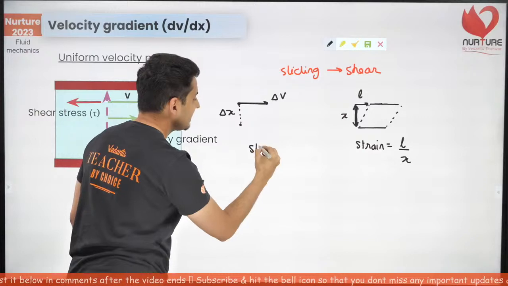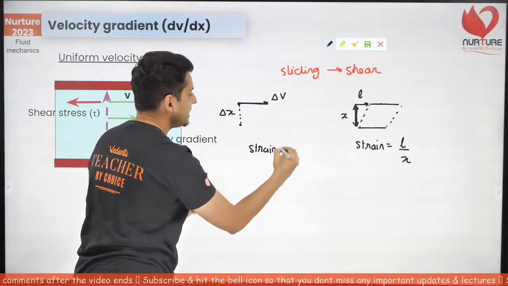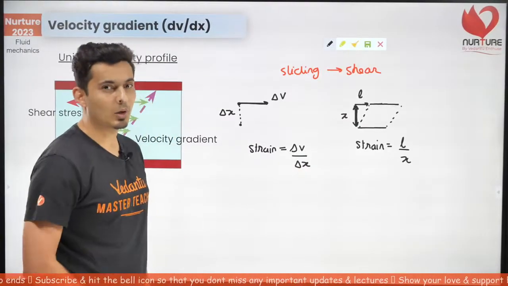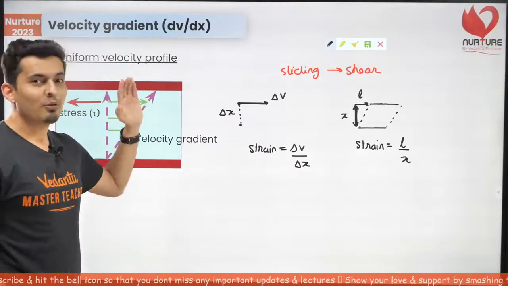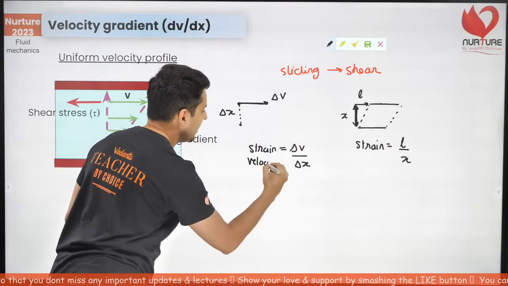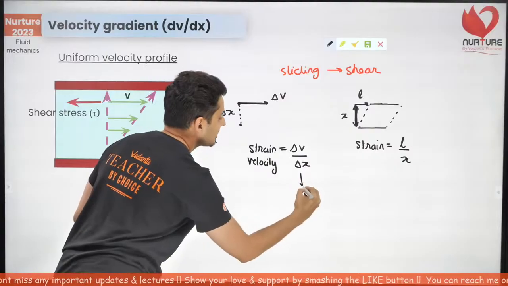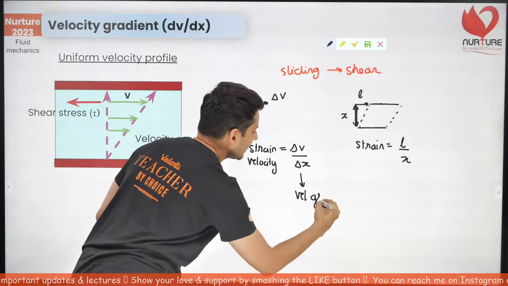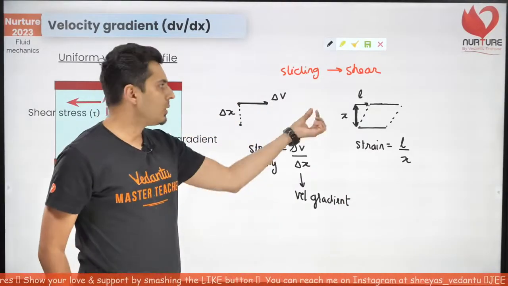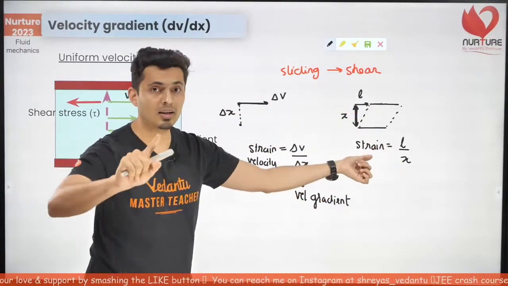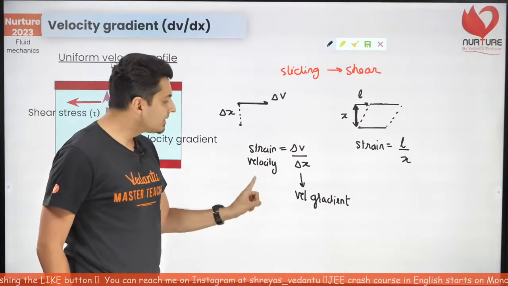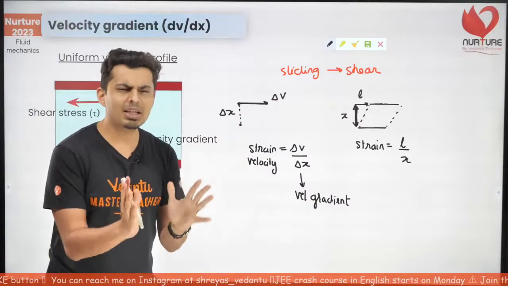So this ratio delta v by delta x is not the normal strain, it's called the velocity strain or strain velocity, which is also nothing but the velocity gradient. When you have distance by distance, it is called strain. But when you have distance per unit time by distance, it is called strain velocity, which is simply put, velocity gradient.